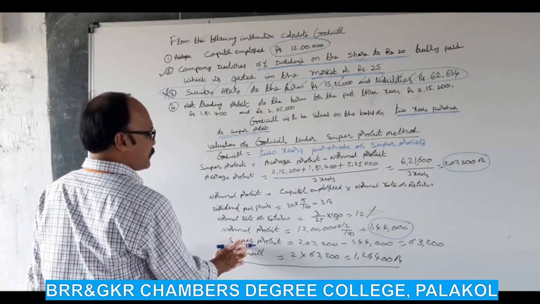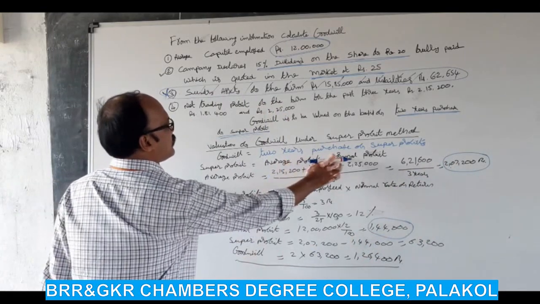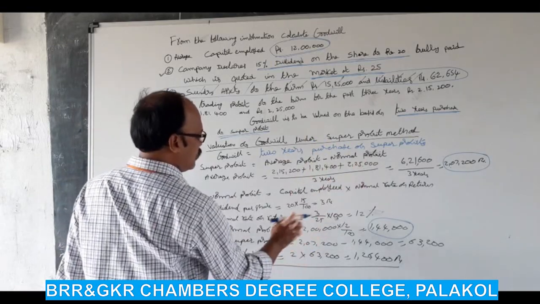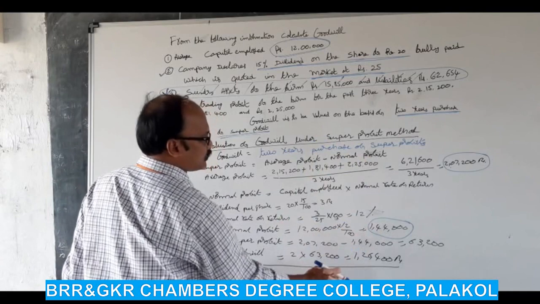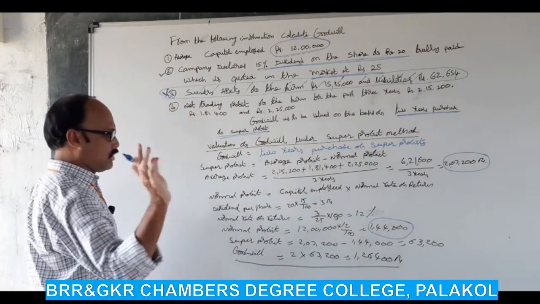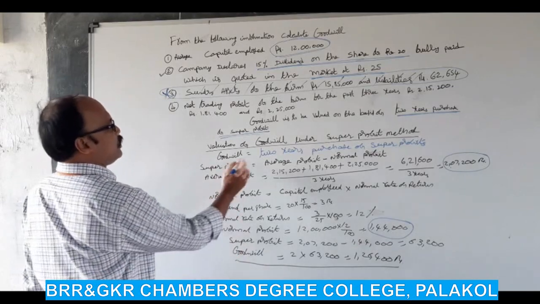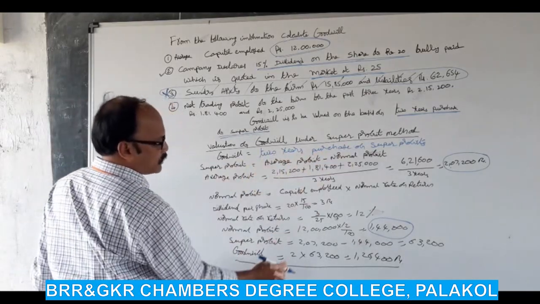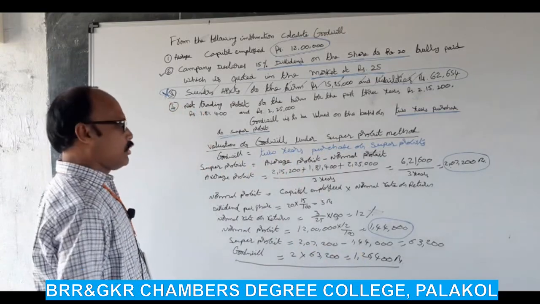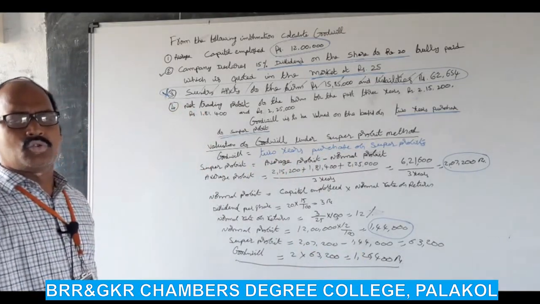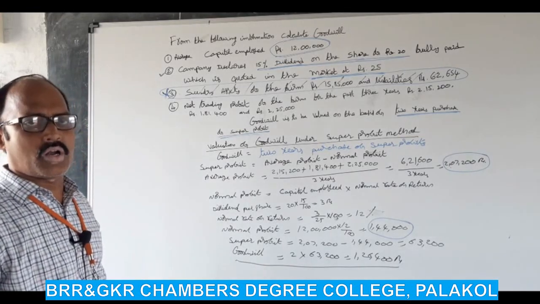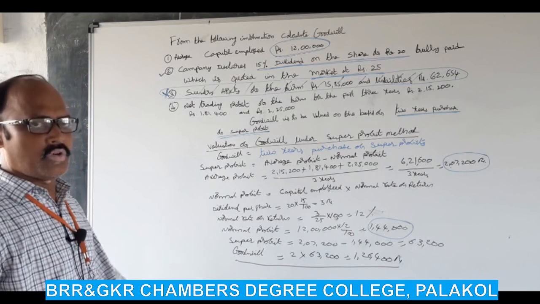Then super profit is equal to average profit minus normal profit, so 63,200 has to be treated as a super profit. Then goodwill is equal to 2 years purchases of super profits. 2 into 63,200. Therefore, goodwill is equal to 1,26,400 rupees is to be treated as a goodwill.